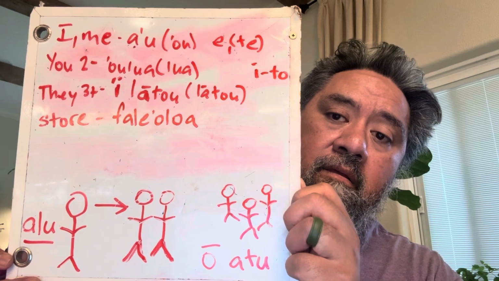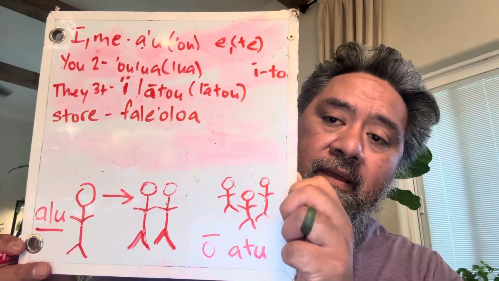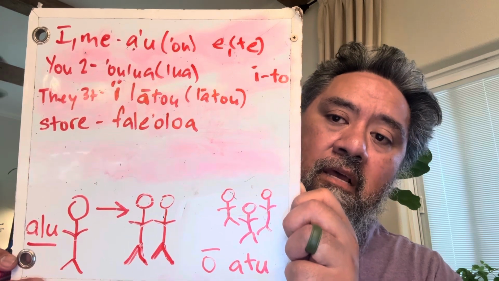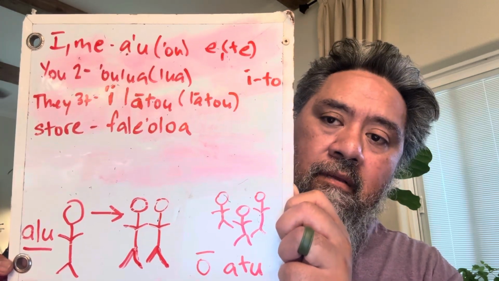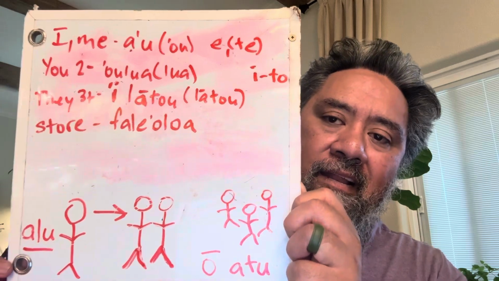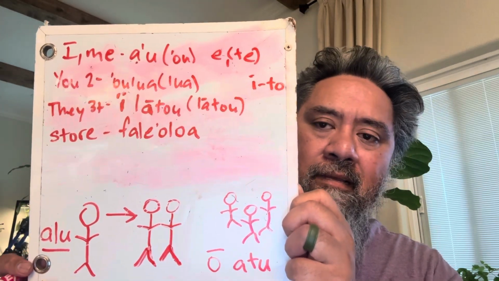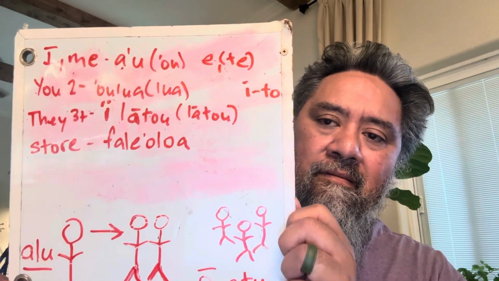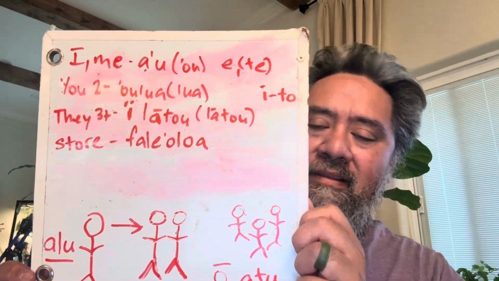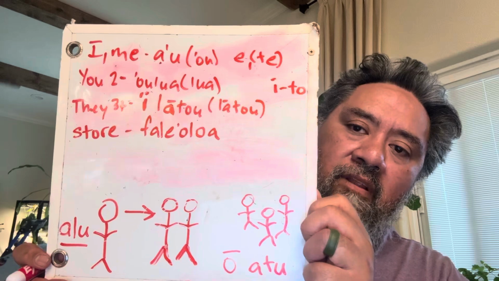Faleoloa, right? And so it literally means a house of goods, like merchandise, goods, or loa. I used to think, why would we call it falefatau, meaning the place to buy? But no, it's the place of goods, faleoloa, right?